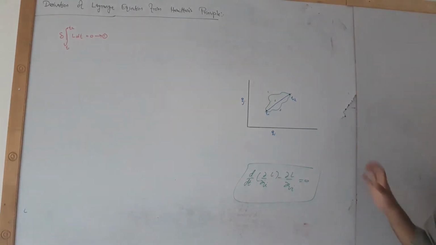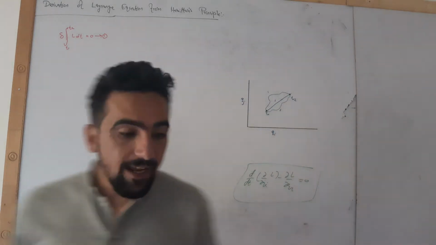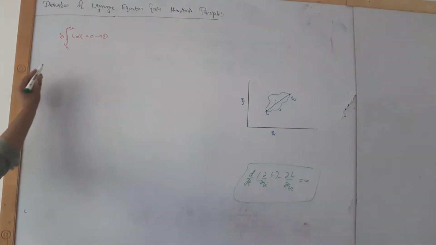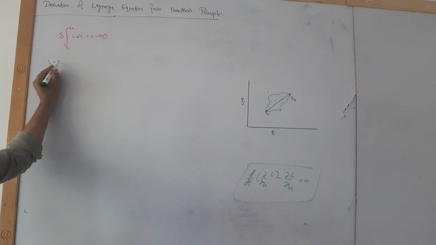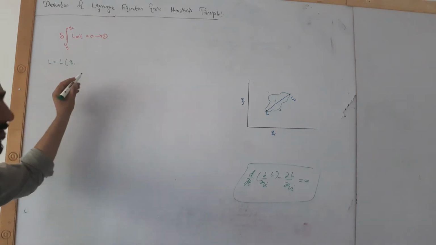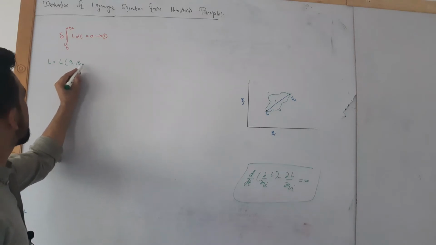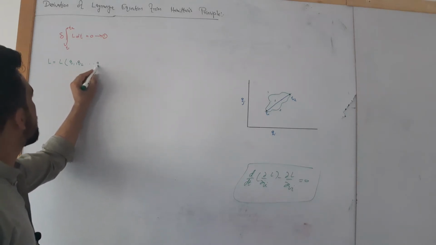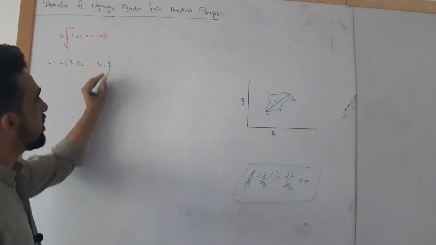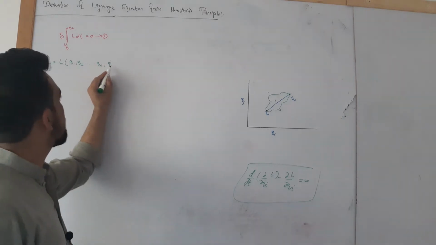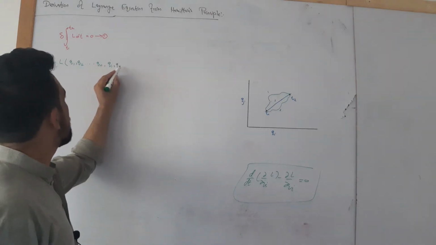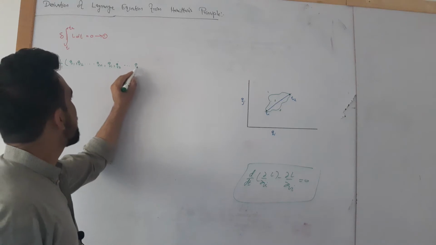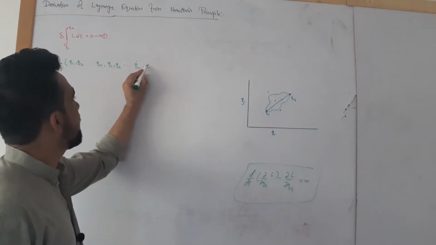Now that there are n coordinates, we can write the Lagrangian L as a function of the coordinates q1, q2 up to qn, similarly the generalized velocities q1 dot, q2 dot up to qn dot, and time.